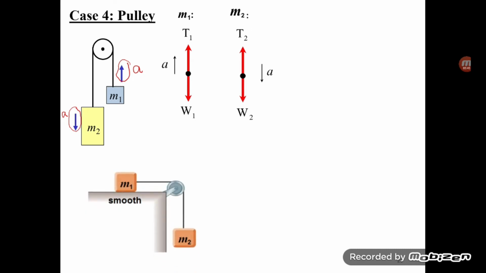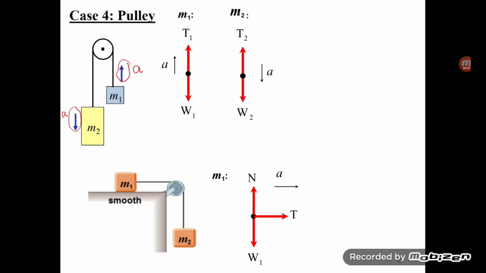Second case. For the second object, we have M1. Free body diagram for M1: we have normal force, weight, and tension.